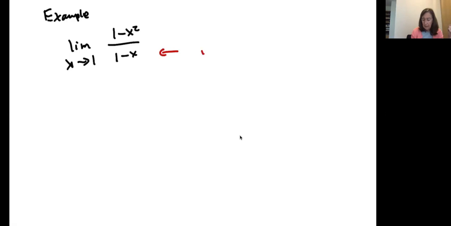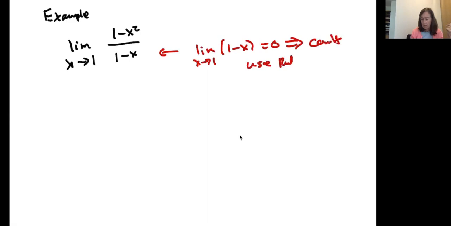The limit as x goes to 1 of that denominator equals 0. So it looks like we can't use Rule 4. And this is super annoying because probably the reason why we're interested in the limit is exactly because the function's not defined there, and it's not defined because the denominator is 0. So it's kind of like we've got these rules, and in the case where we're most interested in using them, it seems like they don't help.